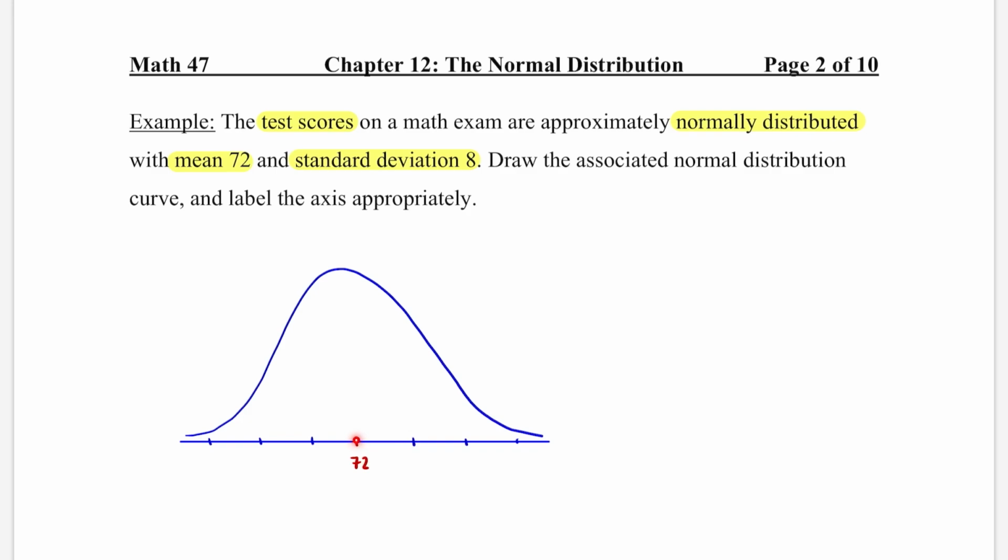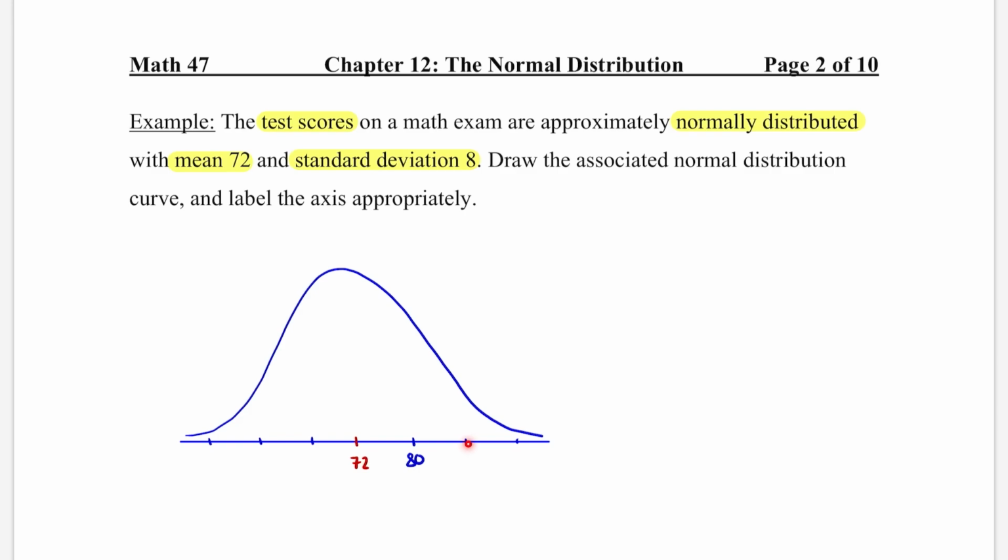The distance from 72 to this number is 1 standard deviation. To find this number, I take 72 plus 1 standard deviation, and in this case, standard deviation is 8. So I take 72 plus 8 to get this number, and that is 80.